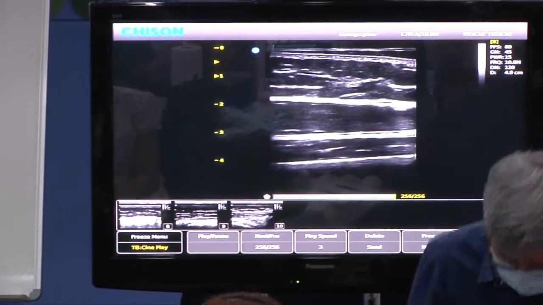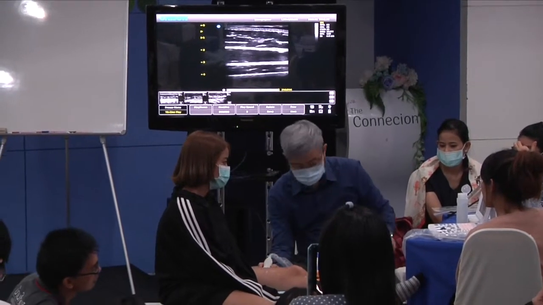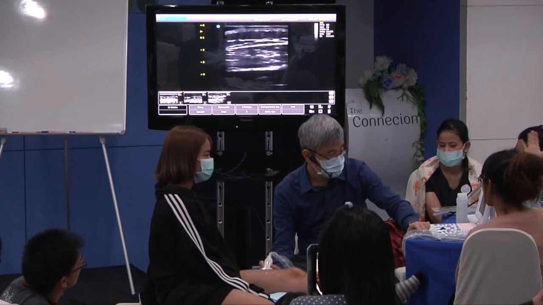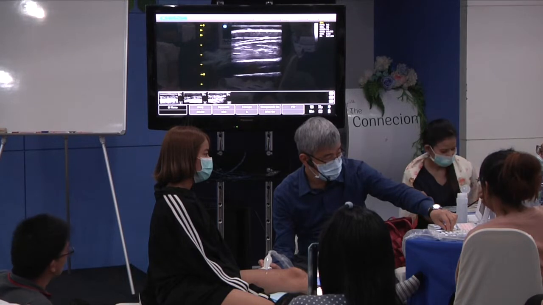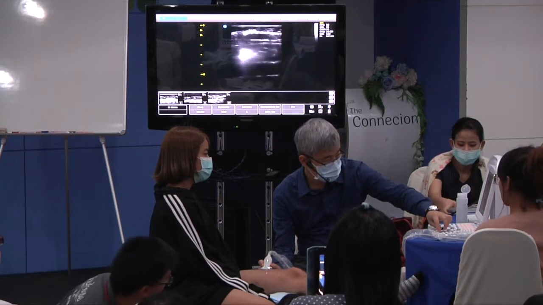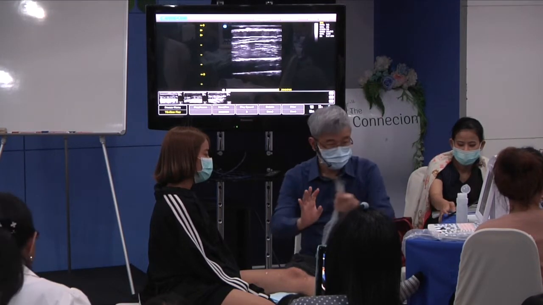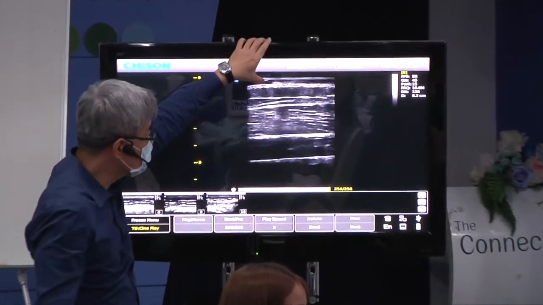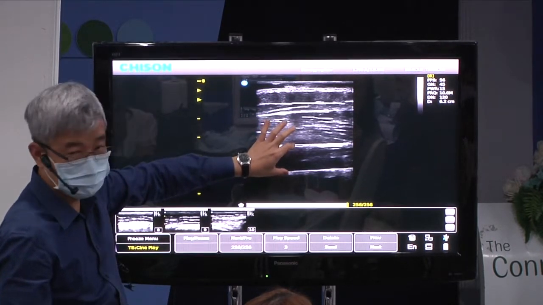Again: gel, skin, fat, vastus lateralis, intermedius.